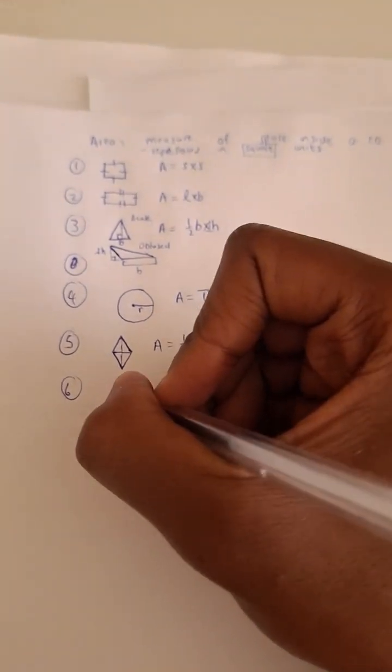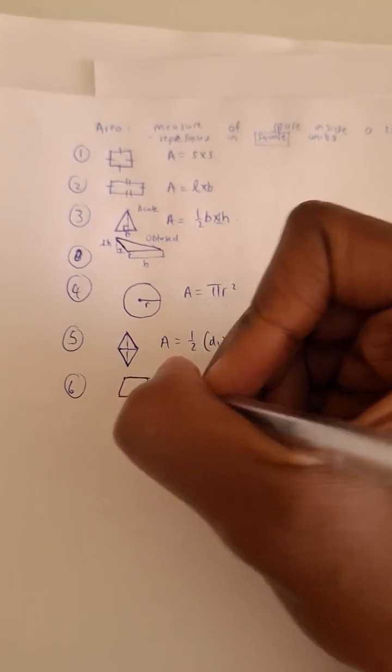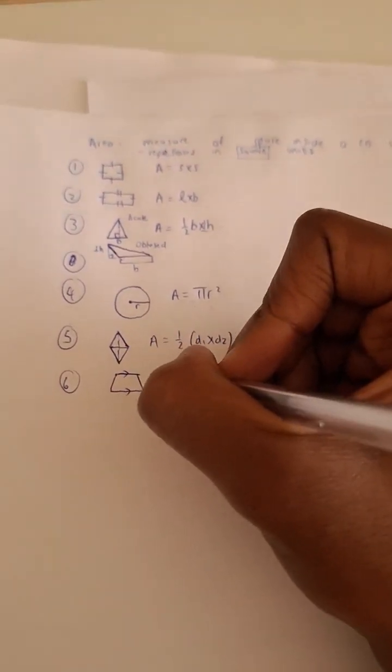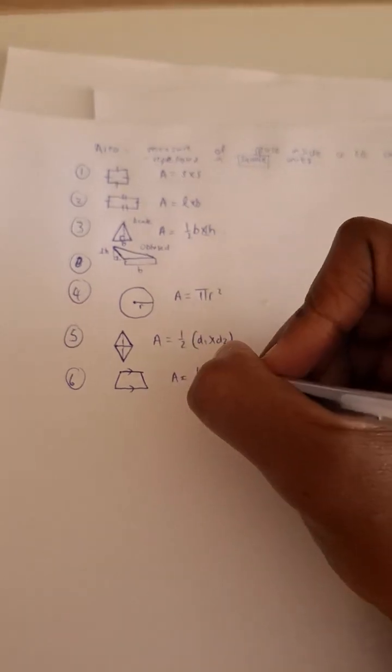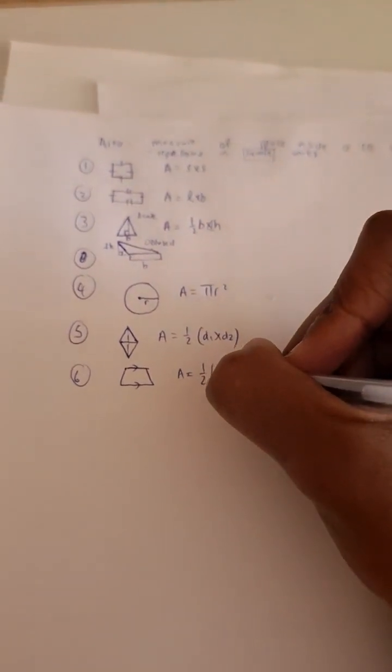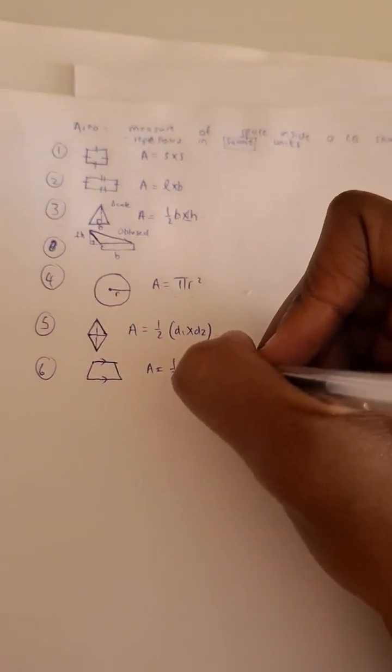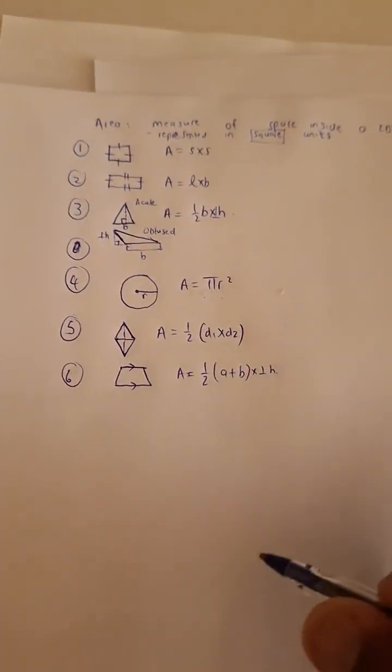Then we have a trapezium. Area of a trapezium is equal to half the sum of the two parallel sides times the what? Times the perpendicular height.